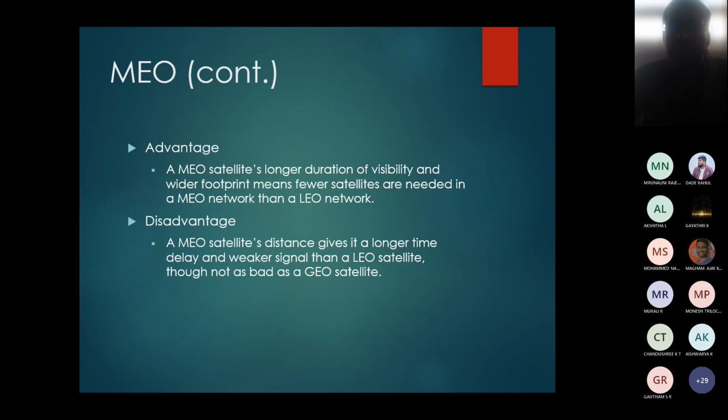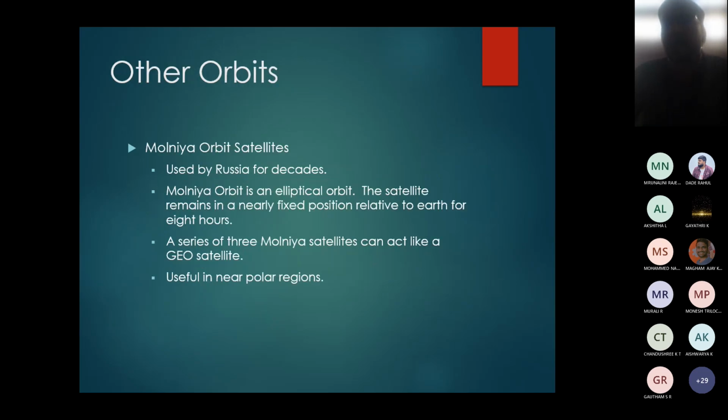And the disadvantage is its distance. In comparison to LEO, it is located at a larger distance, which is around 15,000 to 18,000 kilometers. So again, the delay will be larger. That means the quality of signal that we collect from the MEO satellites may not be as good.